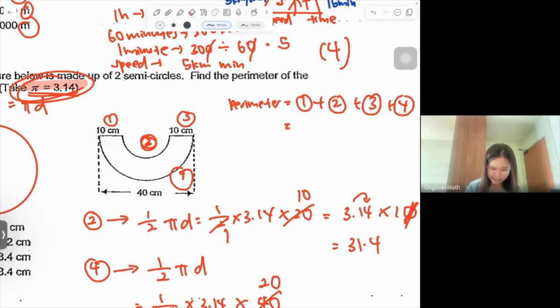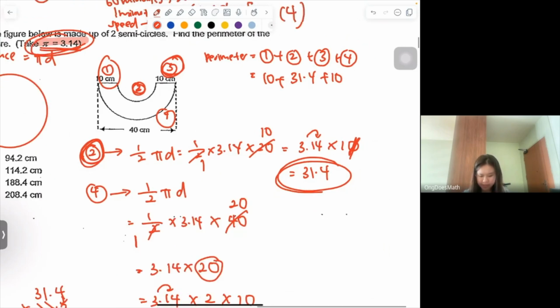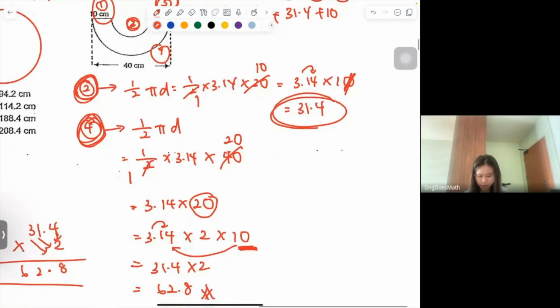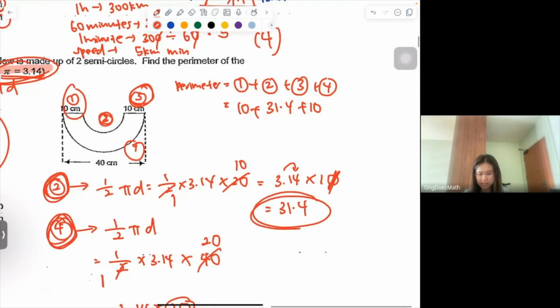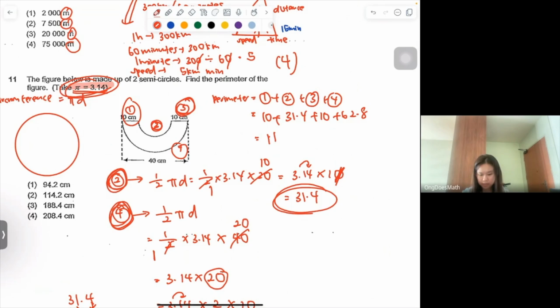So first side is 10 cm. Second side is 31.4, second side is here. Third side is 10 cm. Fourth side is here, and we have come to the conclusion it is 62.8. So we just add things up. You should get 114.2 in the end. And that gives you option 2.